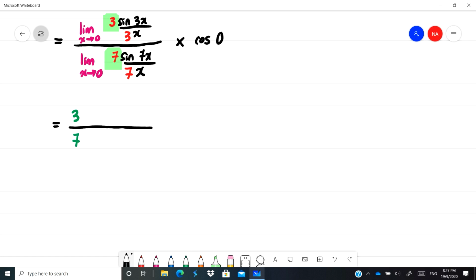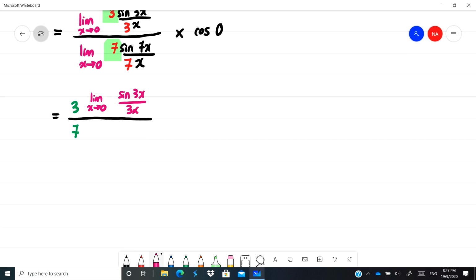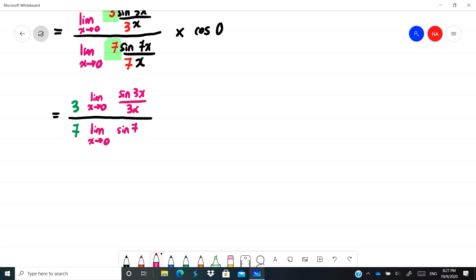So I'm writing that, limit of x approaching 0 of sine 3x over 3x. At the denominator, we have limit as x approaching 0 of sine 7x over 7x.